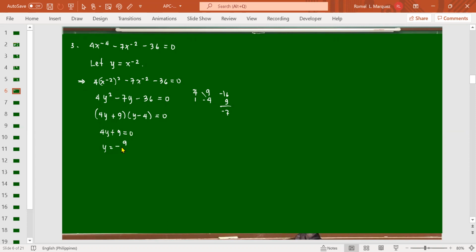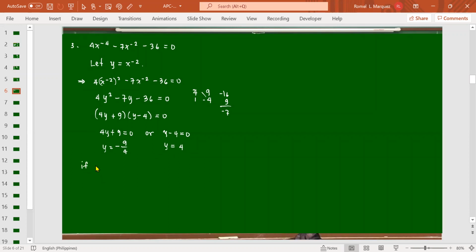4y plus 9 equals 0 gives y equals -9/4 for the first linear factor, or y minus 4 is equal to 0. What is y? y therefore is equal to 4. Okay, so the solutions here are -9/4 and 4. But we're not solving for y actually. What we want is x.